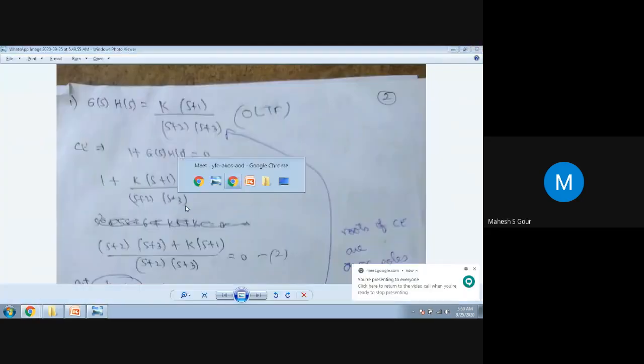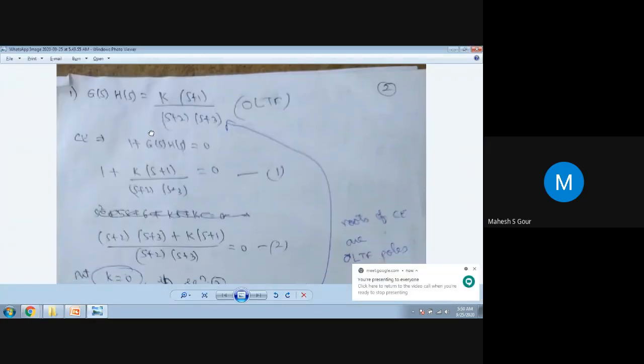Okay, sorry, this slide I had missed. Okay, fine. Now can you see? Can you see this function? Yes, sir. Okay, correct. So this slide I missed.